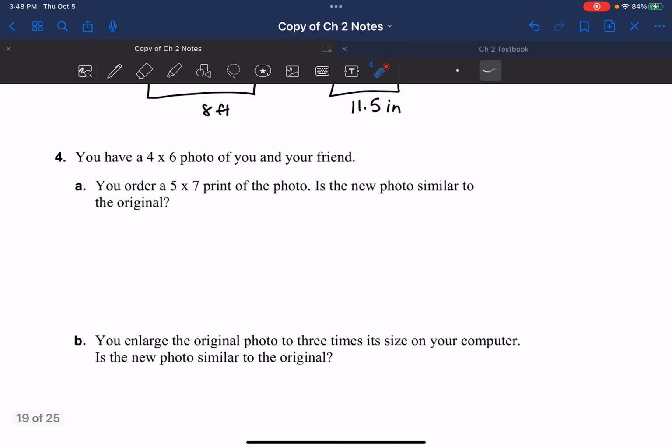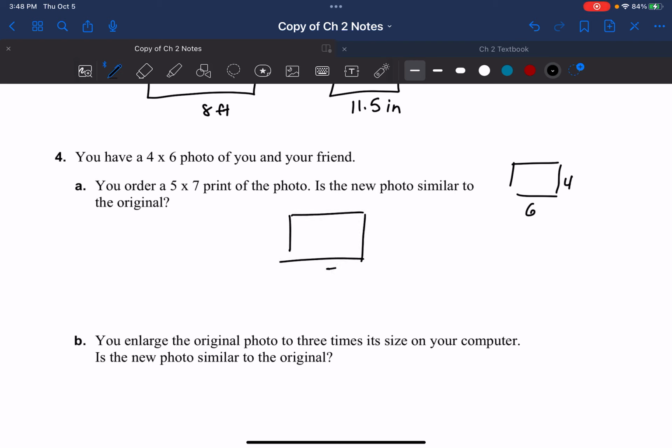Number 4, you have a 4x6 photo of you and your friend. Okay, I'm going to draw my 4x6 photo, okay? You got a 4x6 photo of you and your friend. You order a 5x7 print. Is that new photo similar to the original? You're going to want to set up proportions, and then you can use cross products to tell if they're the same.